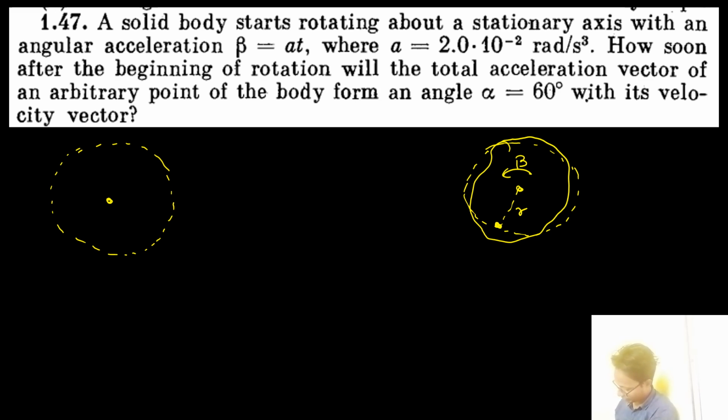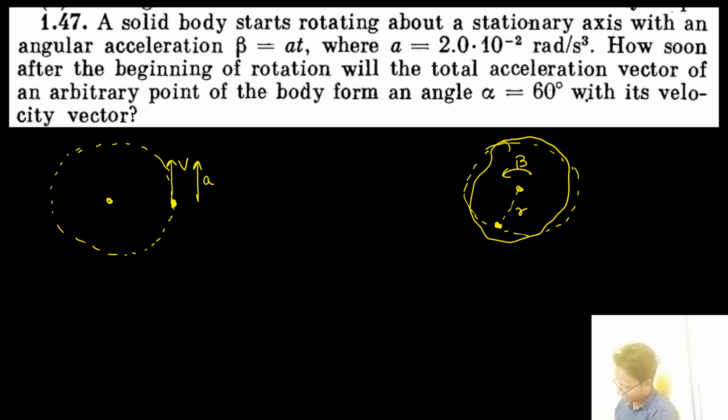What is the velocity vector? V. Is this velocity vector changing? Yes. Why? Because this body has an angular acceleration. That means the velocity vector here would keep on changing. If velocity is changing, there is an acceleration here.